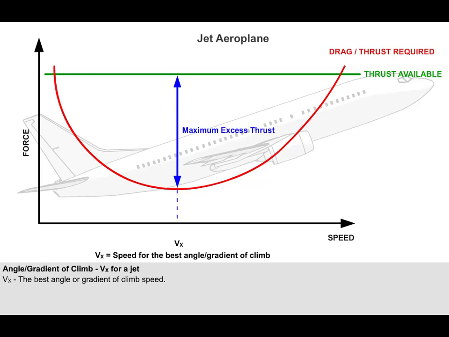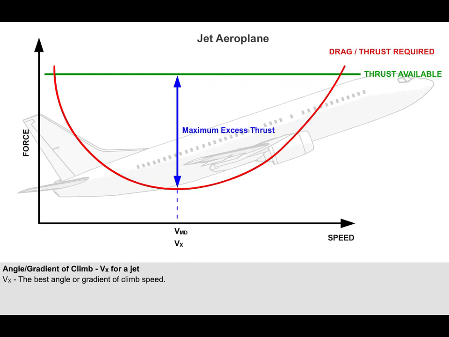However, in order to appreciate what value this speed represents, it is necessary at this point to mention some other speeds. There are 3 such reference speeds which are used in aeroplane performance. The first is a speed called the velocity for minimum drag, or VMD. VMD speed is found at the bottom of the drag curve, as shown.